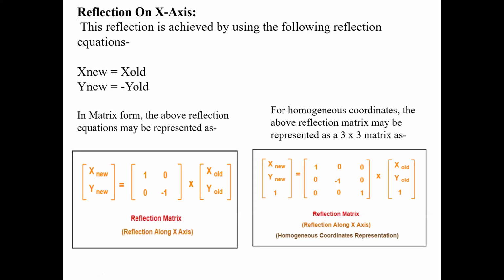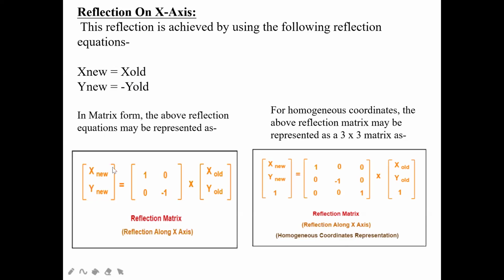How are we going to represent it in a matrix form? Because whenever we write, we are going to write in two forms. One will be in a simple matrix form and another one will be in a homogeneous coordinate system. Okay, so in matrix form, you have to take only two axes, that is x and y axis.